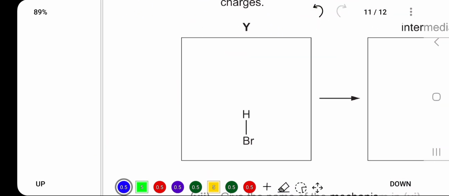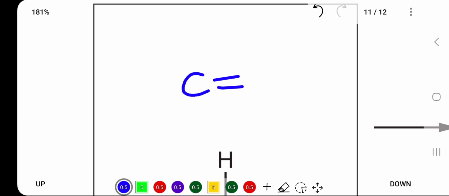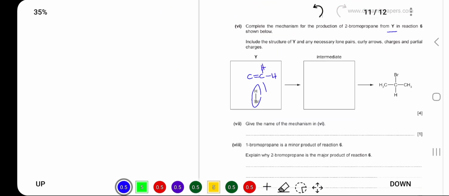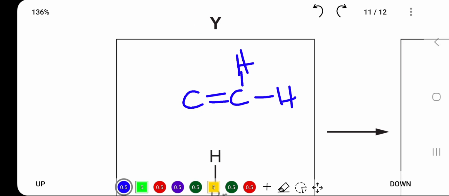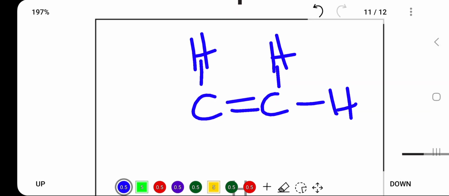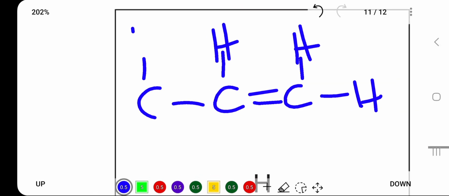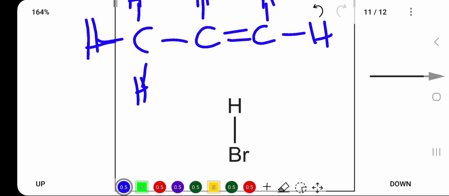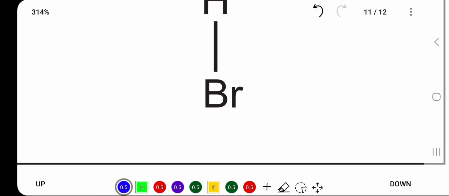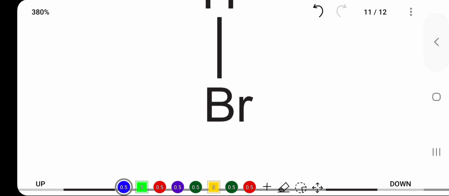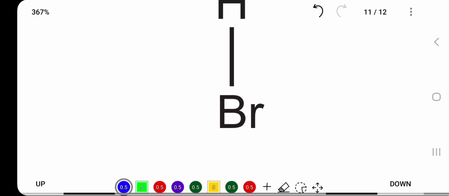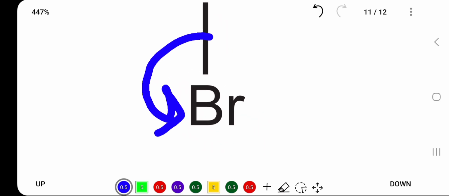See what I explained to you. But let's re-explain. It's fine. So again, what happens? The Br is more electronegative than H, so it will attract the electron pair.